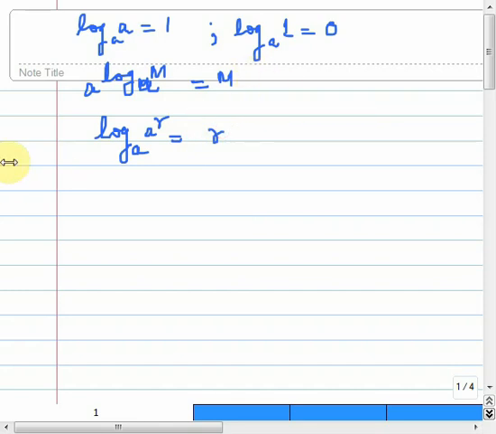These four properties we have already proved for logarithmic functions.